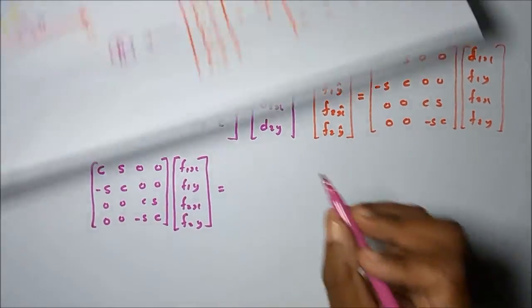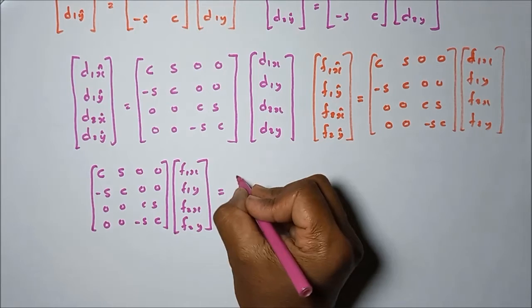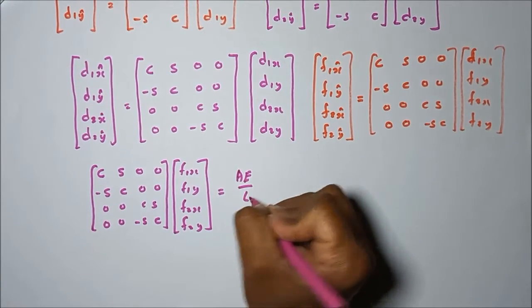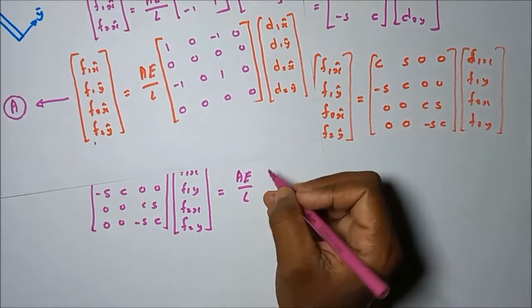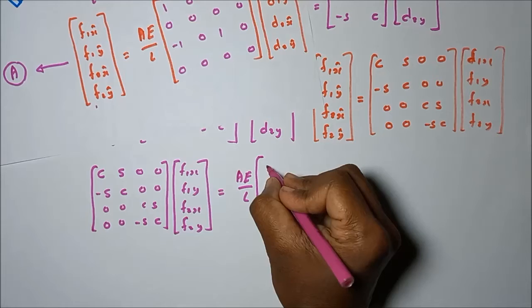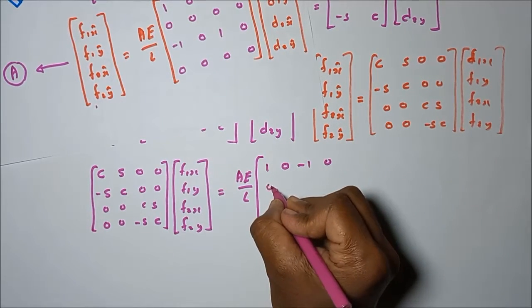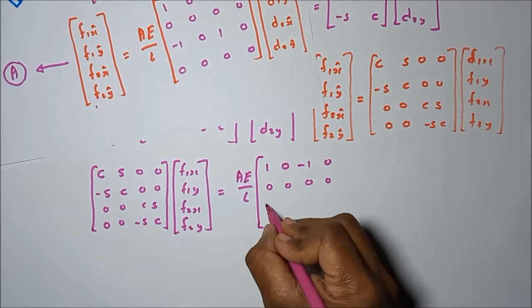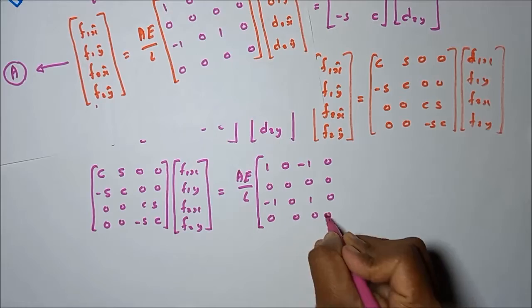Then here, AE divided by L times the matrix 1 0 minus 1 0, 0 0 0 0, minus 1 0 1 0, 0 0 0 0.